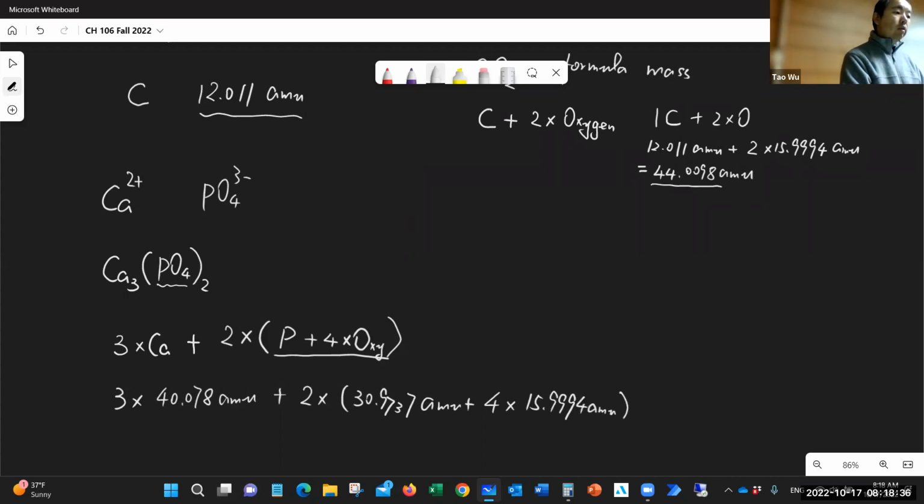So now you see what's inside. That's going to be the mass of the phosphate. Then you multiply by 2, because we have 2 of the phosphate, plus the mass of the 3 calcium. You add them together. That's going to be the formula mass for the calcium phosphate.